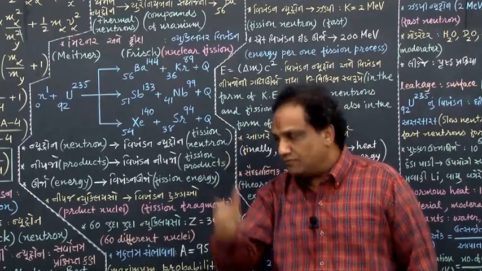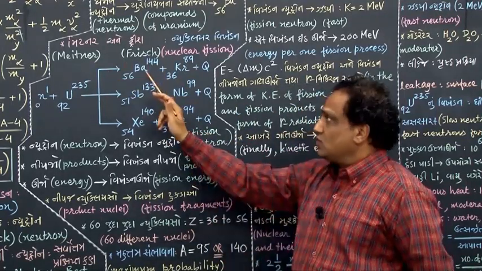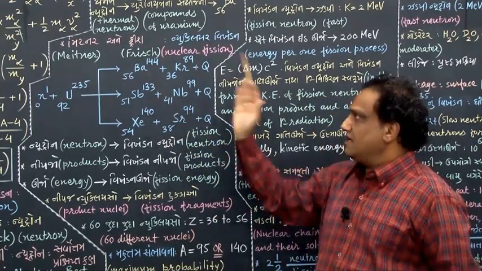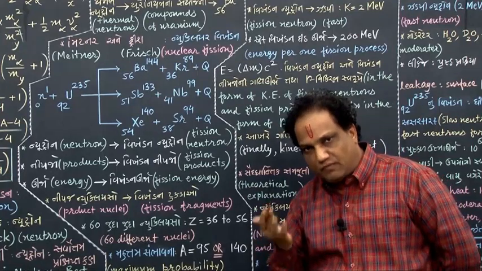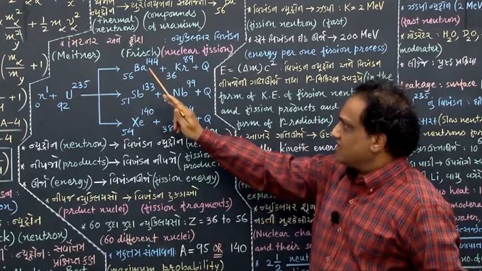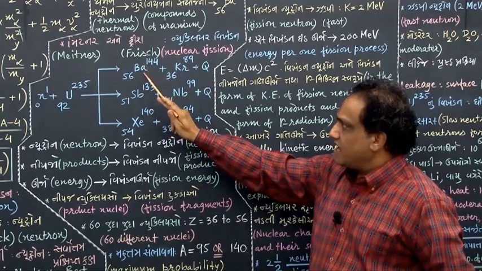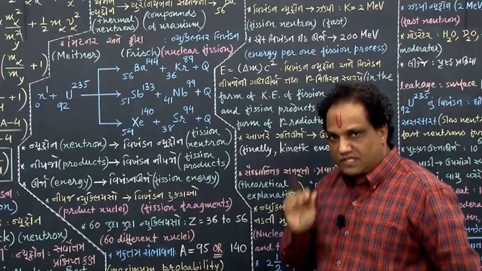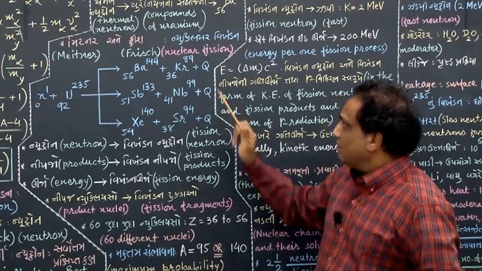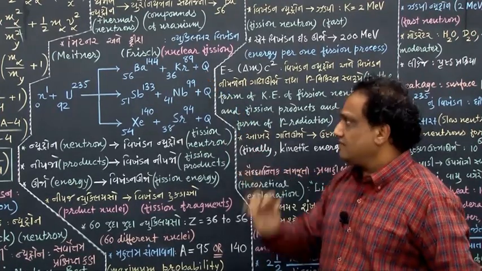I am showing you. Look, in the first reaction, these two are the fission products. Anything which you obtain as a product in the process of fission should be called fission products. As fission products, we get 2 nuclei. One is 56 barium 144, second is 36 krypton 89, plus this indicates Q value of the reaction. Fine.